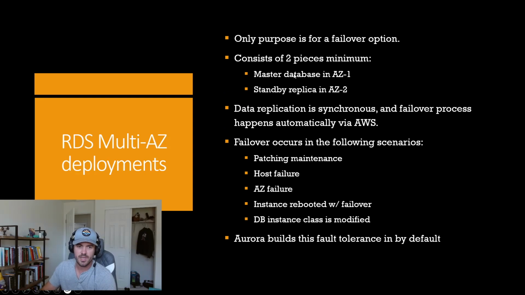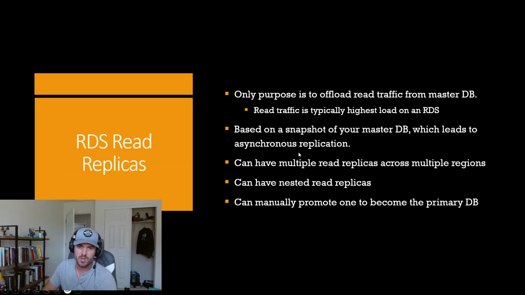You have a multi-AZ deployment ready to go, so there's absolutely no downtime, and then you have a read replica which offloads that read traffic from your master database, so that you can maybe avoid some performance issues and the need to fail over to another database in the first place.